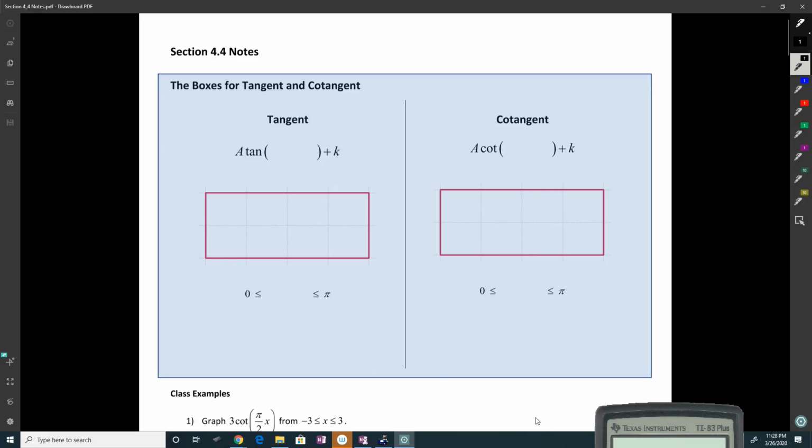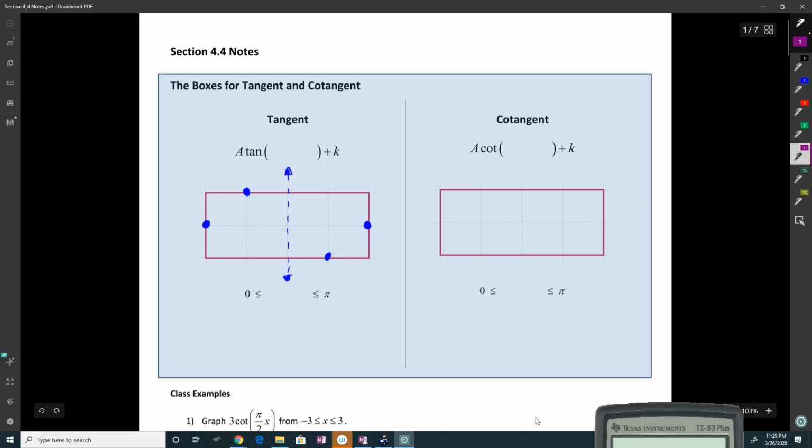So first I'm going to graph the shape for them. When you're dealing with tangent, it starts off here, goes up here, and there's a vertical asymptote right in the middle. So already it's weirder than the others. And then here and here.